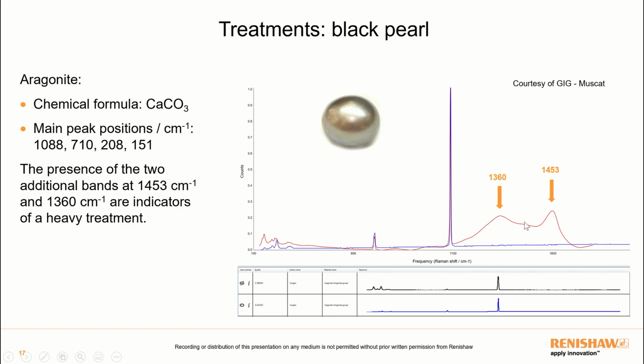There are two additional features, one at 1360 and the second at 1453 wave numbers, and these are the typical features of the amorphous carbon. The carbon is formed after irradiation.